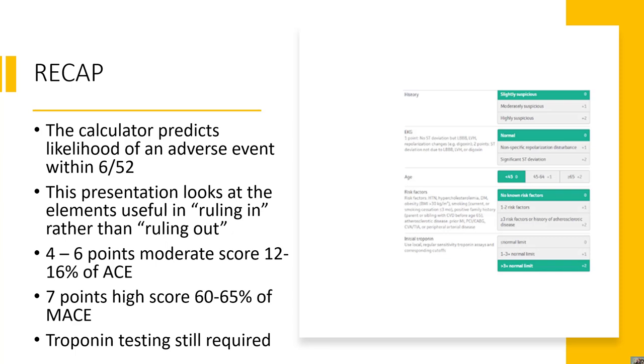In the absence of troponin testing, patients can still score moderate to high risk. And so the tool can become really useful in terms of convincing people about what our recommendations are and what course of action needs to be followed.